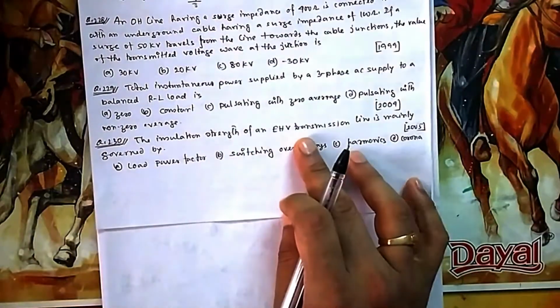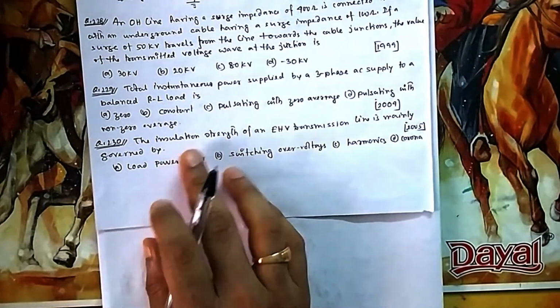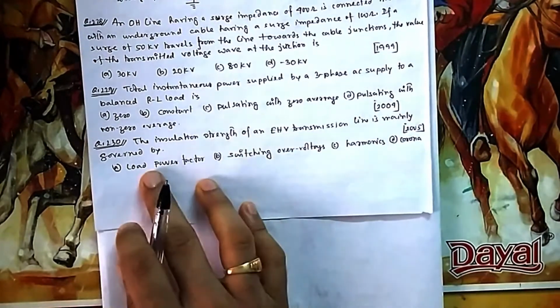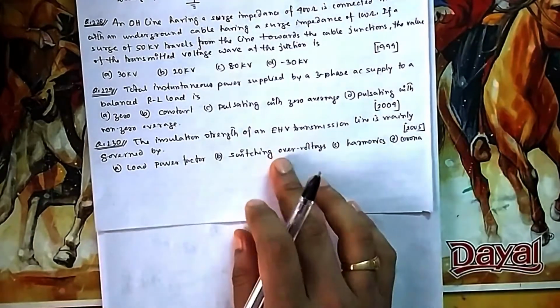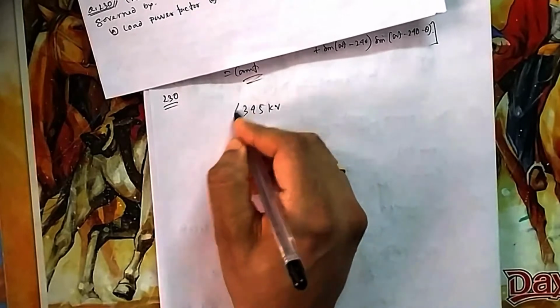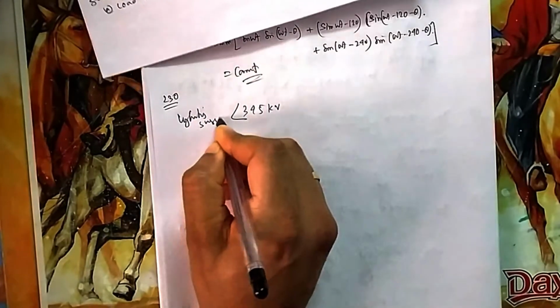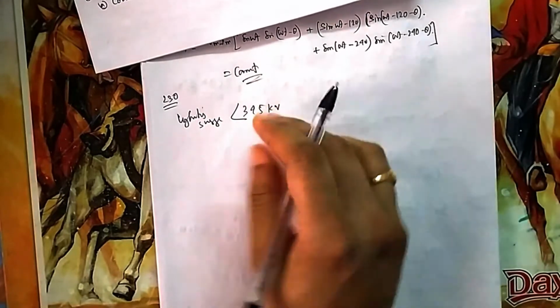230. The insulation strength of an extra high voltage transmission line is mainly governed by. So insulation strength. The options are load power factor, switching over voltage, harmonics. So switching over voltage, I think you have seen this one. There is a threshold limit of 345 kV. Below this, we always think of lightning surge, because lightning surge is the important phenomenon below this.